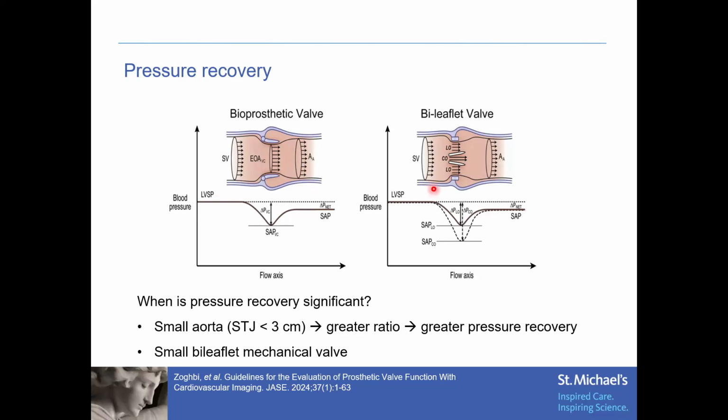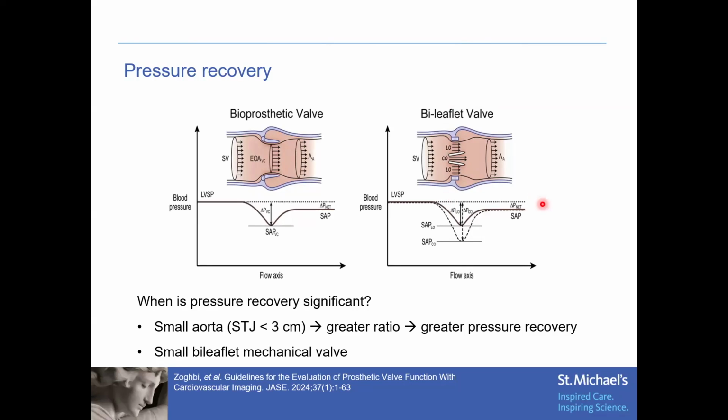But in bileaflet mechanical valves, the middle orifice, the central orifice, is very small. And so when you get your jet velocity, you are most likely to use the peak velocity through that middle jet. But keep in mind that there are lateral orifices that are larger in size. And so when the blood passes the prosthetic valve, the flow from the lateral orifices and the central orifice combine again to form a unified jet.